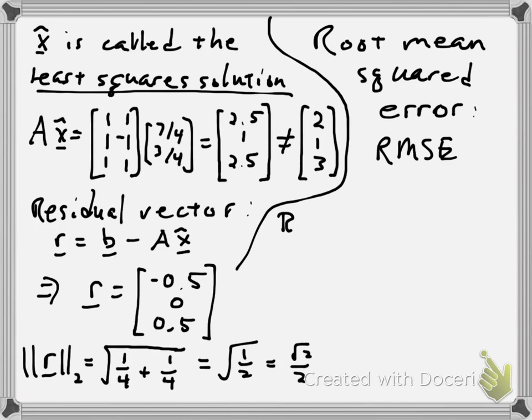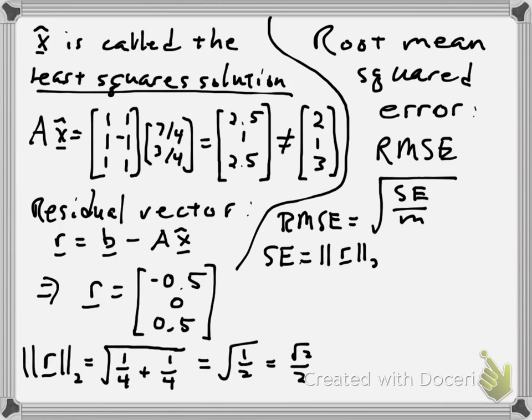Our RMSE is going to equal the square root of SE divided by m, where SE is basically equal to the square of the 2 norm of the residual. It's basically a sum of squares: r1 squared plus dot dot dot plus r sub m squared. And m is the number of data points.